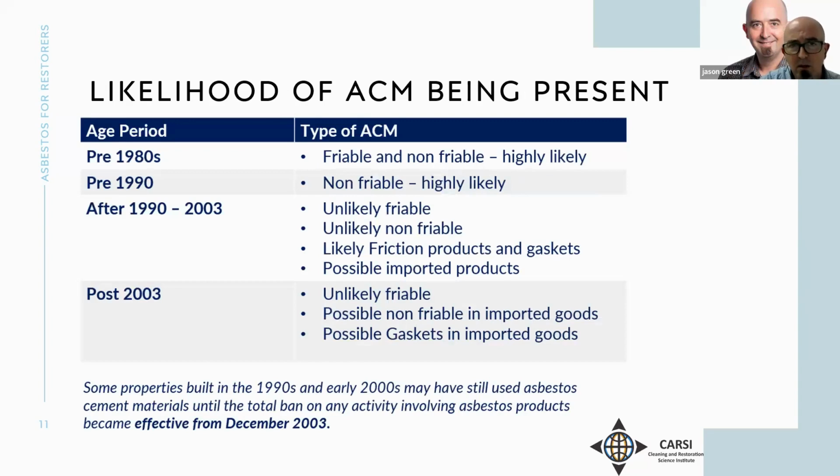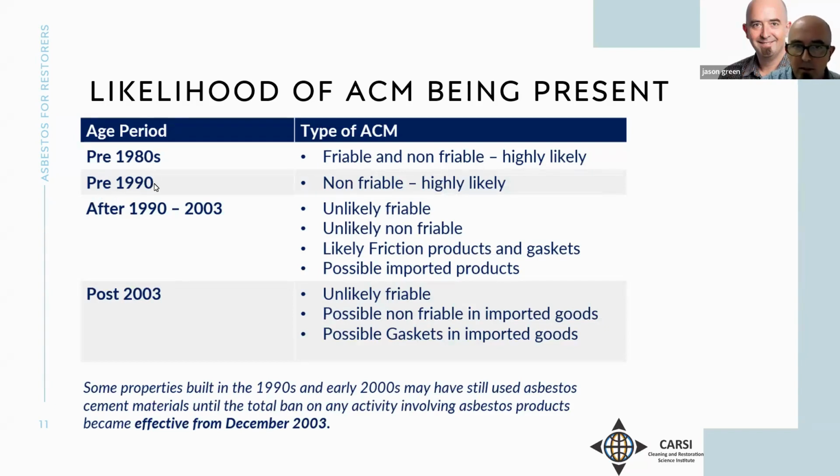So looking at the likelihood of asbestos-containing materials being present, the 1970s and 1980s era is essentially where you're going to be definitely, and prior to that, you're going to be finding friable and non-friable materials. A lot of those materials were phased out from around the 80s period.